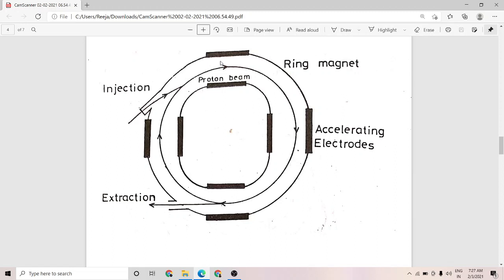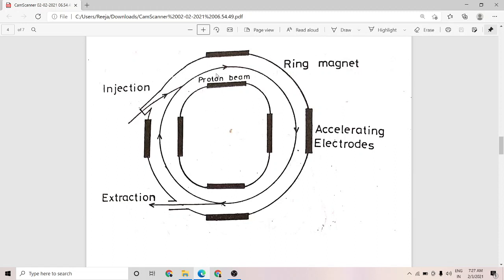The straight sections have an arrangement for applying a high frequency alternating potential. The high frequency alternating potential is applied to the straight sections, and the magnetic field acts vertically upwards. Now, as the proton passes through a straight section, it gets accelerated and tends to move in a bigger orbital radius.